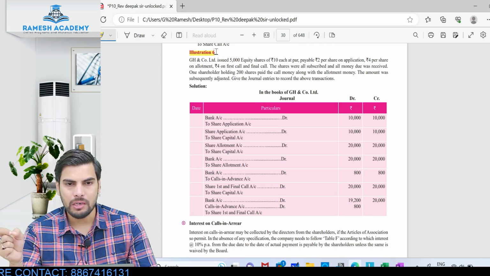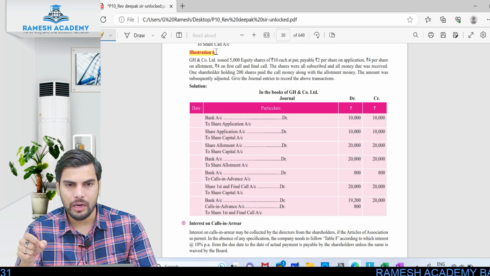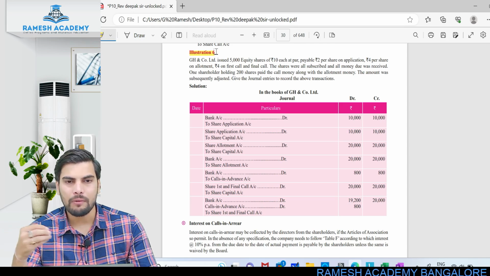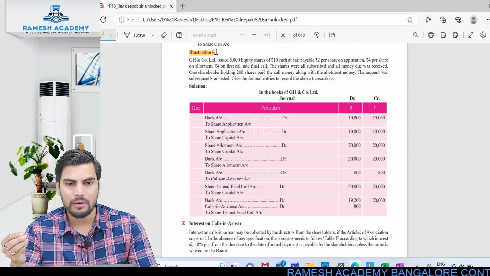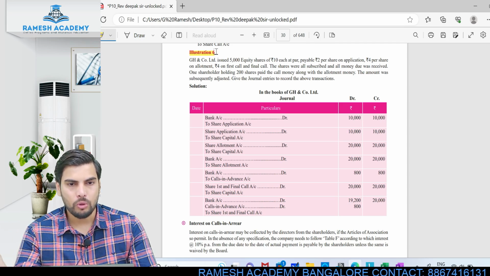In which entry are we supposed to credit it? While passing the receipt entry, because this is the moment we realize that this is the amount which is received in advance. Whenever the amount was due, I'll never have any glimpse that so and so shareholder will be paying the amount in advance or keeping so much amount in arrears.